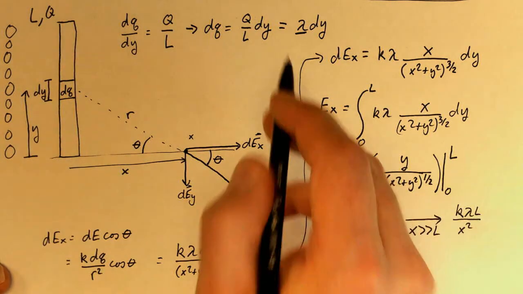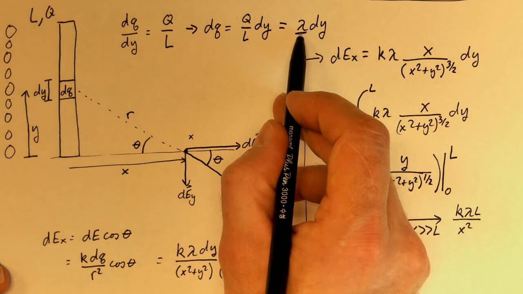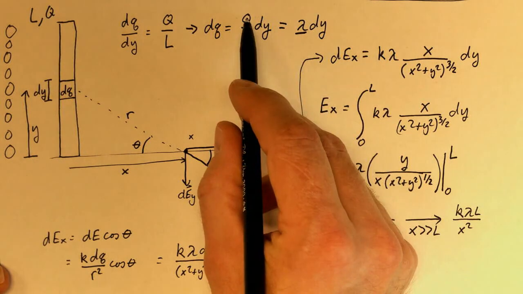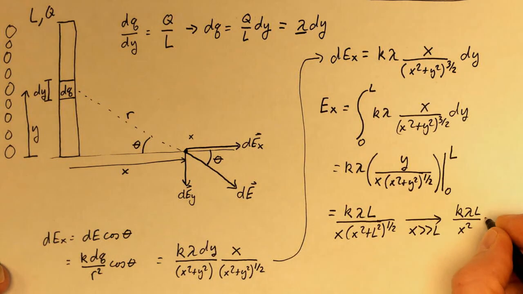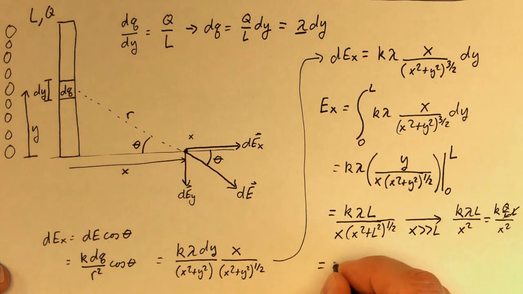But if I remember that lambda was the charge density, which we got from total charge over total length, and I replace that, I get k q over L times L over x squared. The L's cancel, and in this approximation I end up with the electric field being k q over x squared, which is the electric field of a point charge of size q, a distance x away.